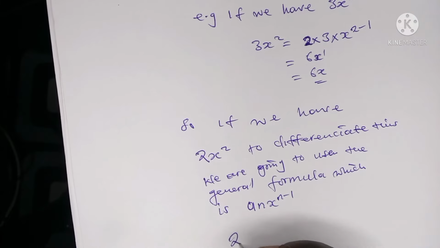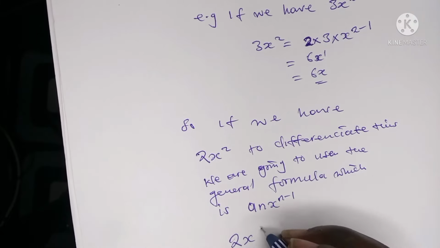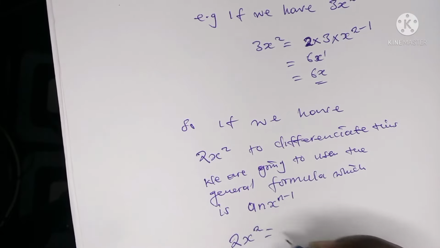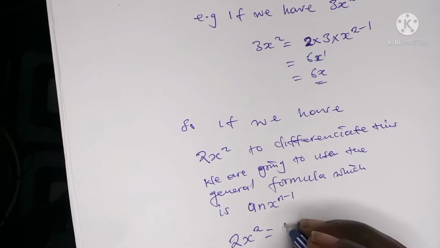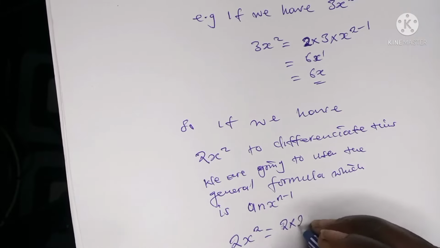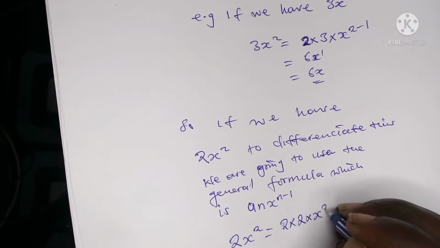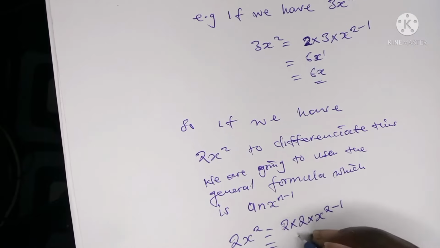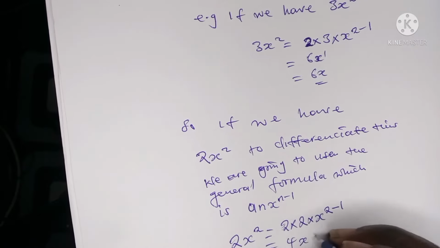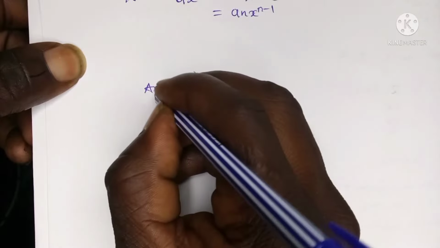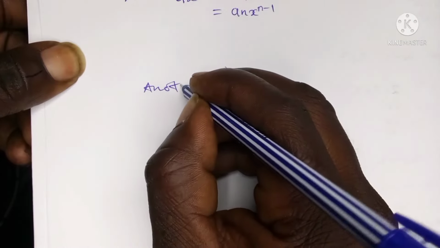So 2x squared equals 2 multiplied by 2 multiplied by x power 2 minus 1, which is equal to 4x power 1. Another example.